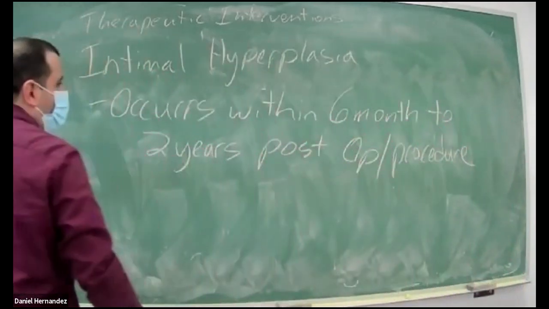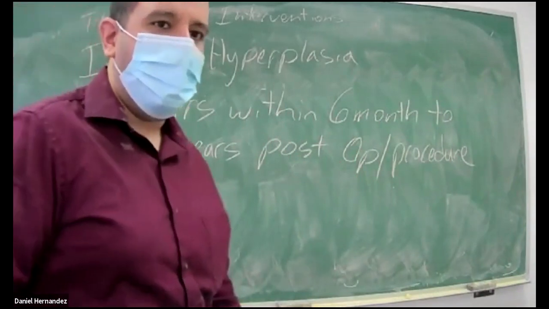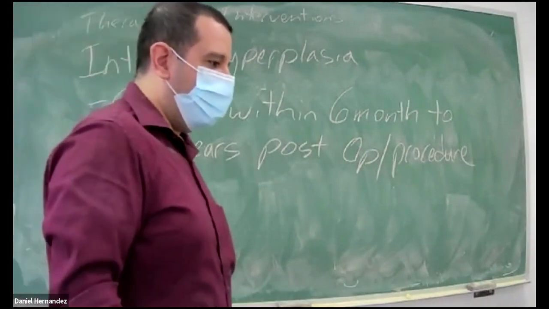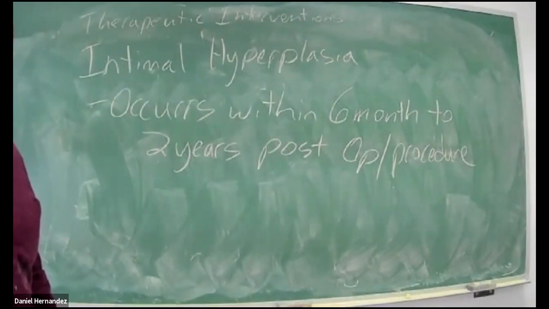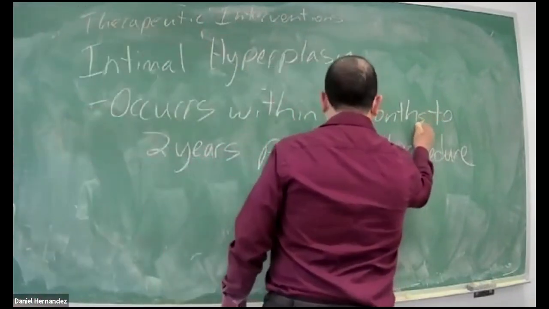So this isn't going to occur immediately after the patient has their endarterectomy. It's going to take a little time for it to slowly develop. So usually the time window is between 6 months and 2 years.